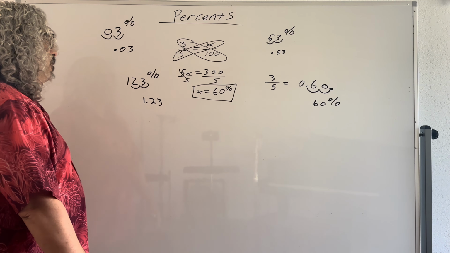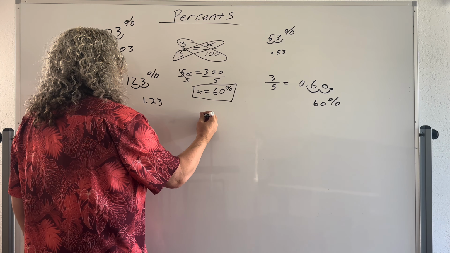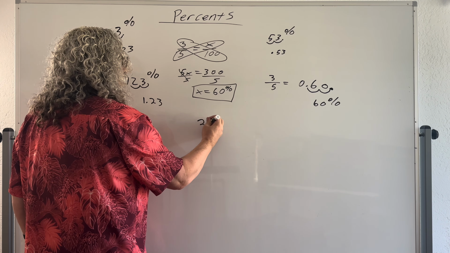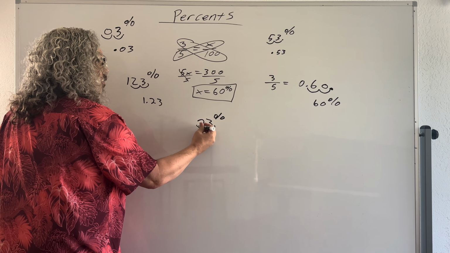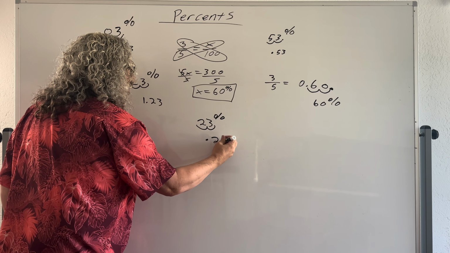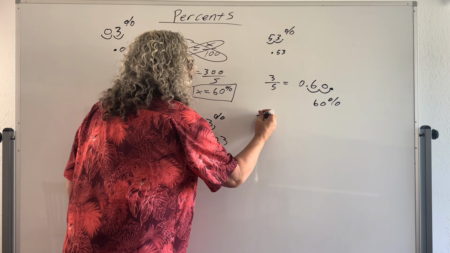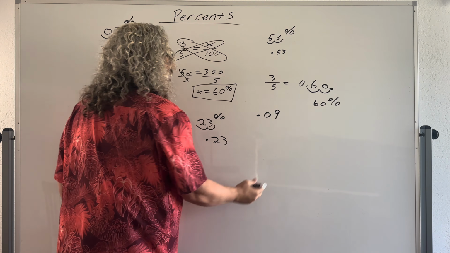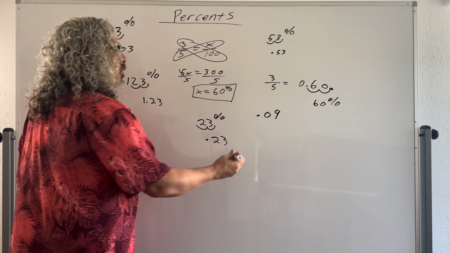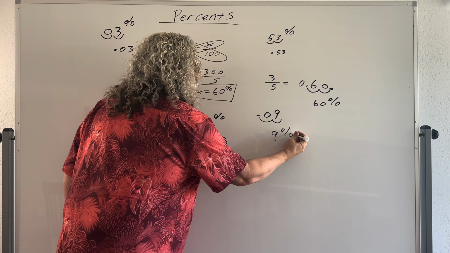Okay, if you do some math and you find out that your answer was going to be, let's say 23%, I just make it smaller by 2, and the math I would use would be 0.23. Okay, let's say I do the math and it's 0.09. Okay. My math says 0.09, I move it twice, that would be 9%.